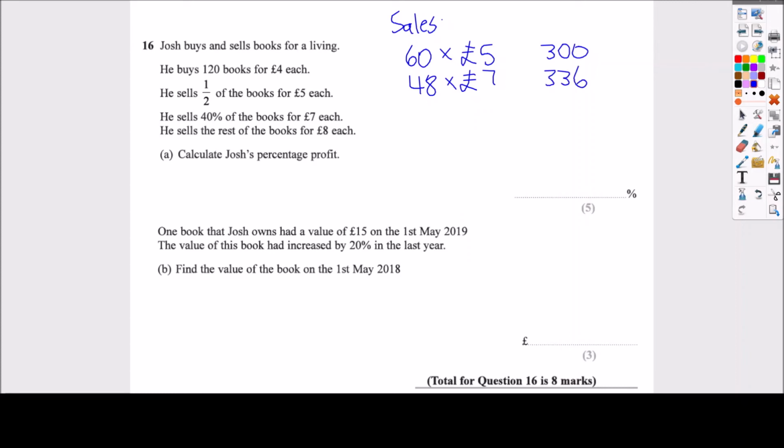And then the rest of the books, well, there's 12 books left over to get us up to the 120. We sold for £8 each. So 12 8s are 96. So the total amount of money we took was 336, add 300, add 96, which is 732.